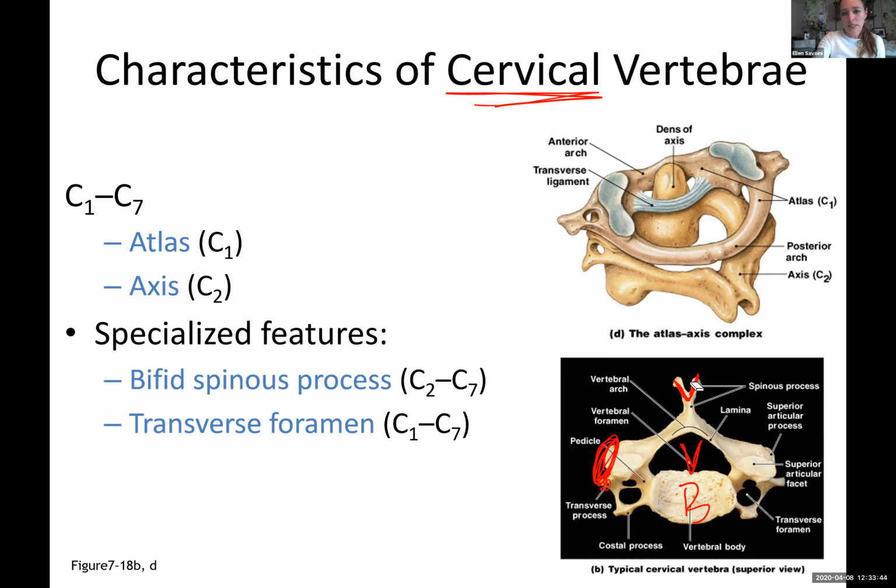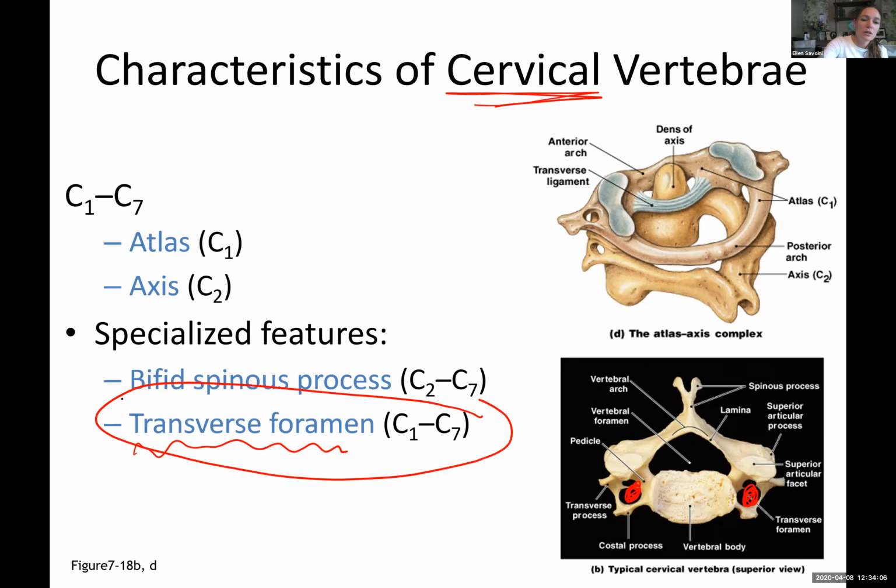But I don't really care about that. This one here is the transverse foramen. Those are the little extra holes that you see. Blood vessels go through there, the ones going up to your head, to your brain. So transverse foramen are unique only to cervical vertebrae.